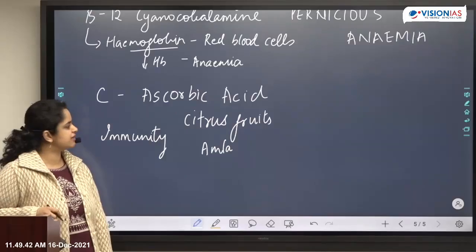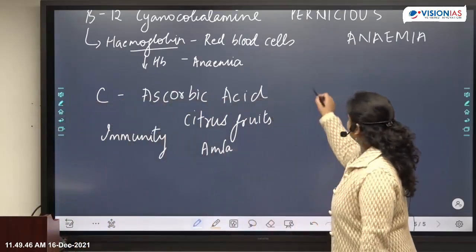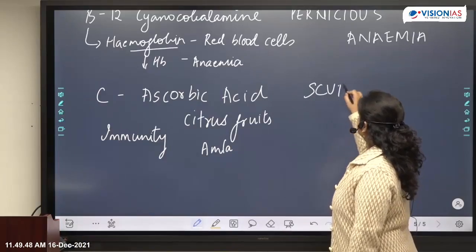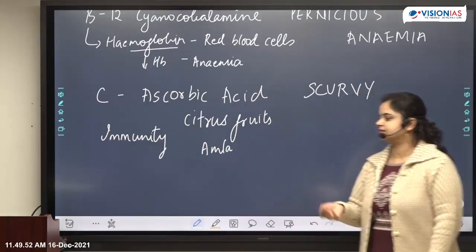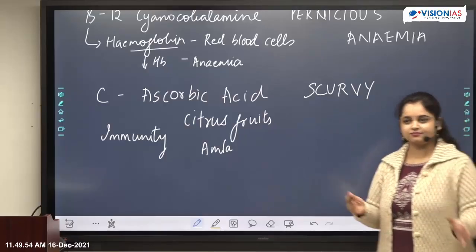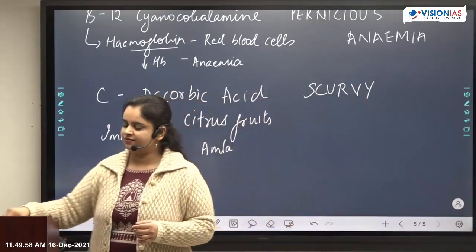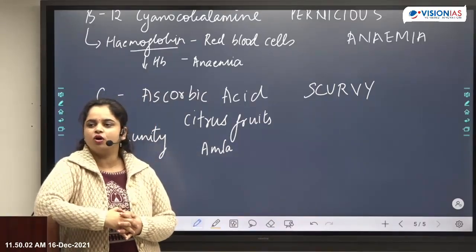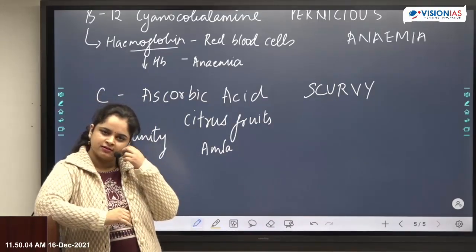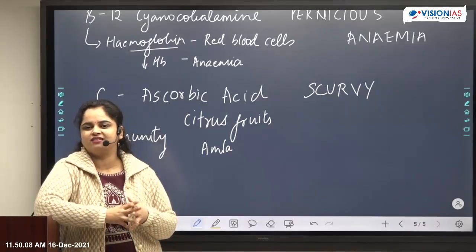Now about its deficiency disease, there is a very interesting story with it. I'm not sure if you have made this observation, but the next time you see it, I think you should observe, whenever there are any pirate movies or any old movies with sailors, they are shown to have very bad teeth.